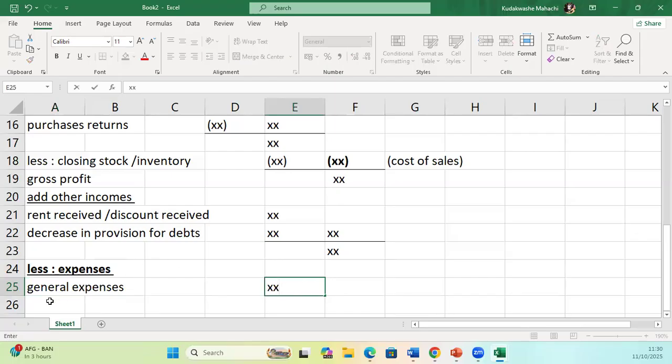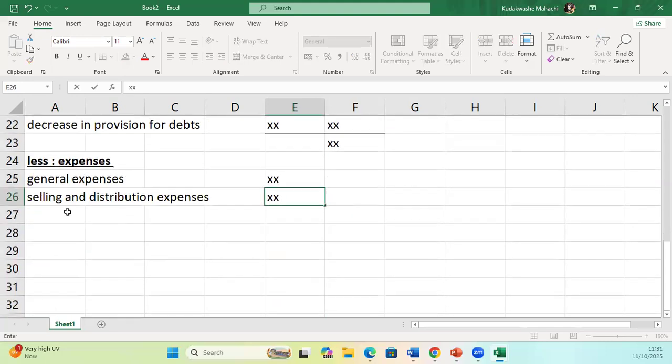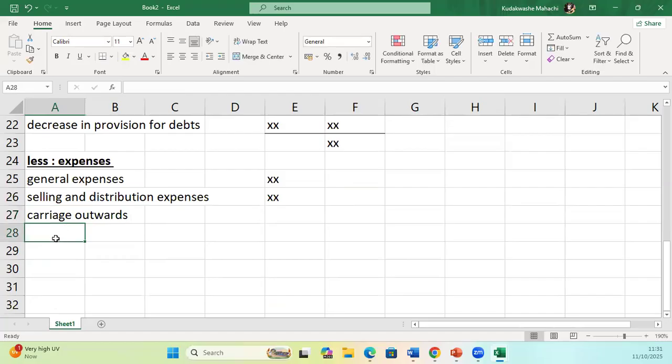We can have selling and distribution expenses. It depends on what they've given you in the question. We can have carriage outwards. I'll just list some that might confuse others. Carriage outwards is an expense.